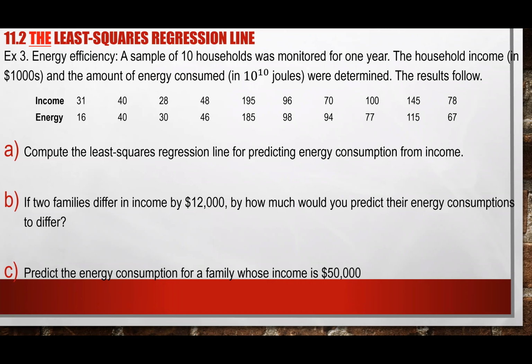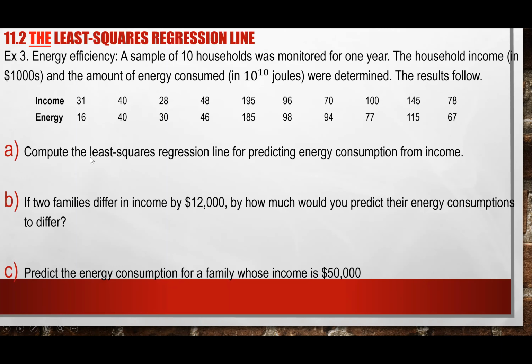Keep that in mind. And the amount of energy consumed is in 10 to the 10th power of joules, and will determine the result as follows. So reminder that this 31 is 31,000, and 40,000, 28,000, 48,000, and so on and so forth.